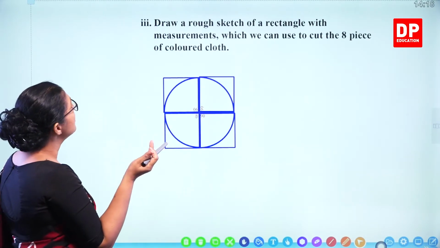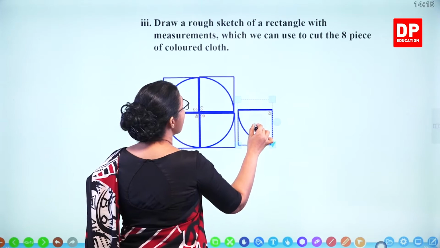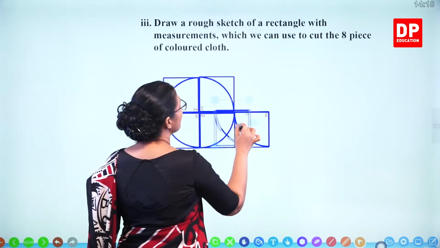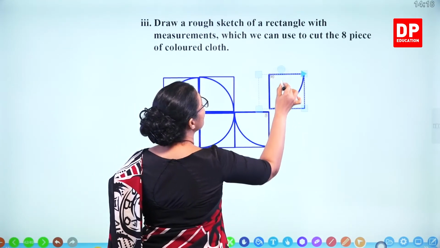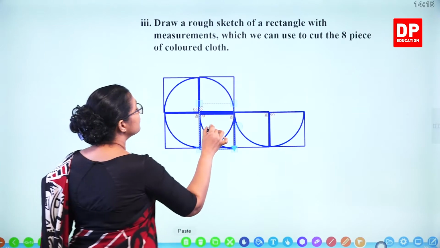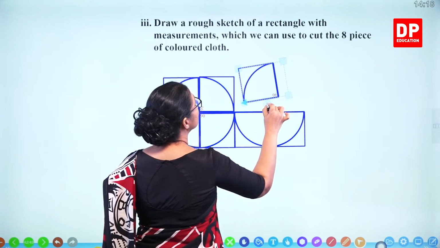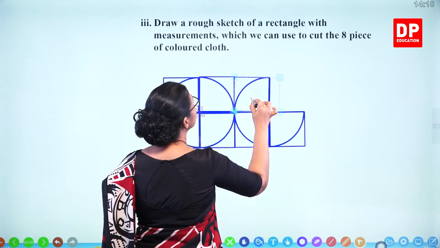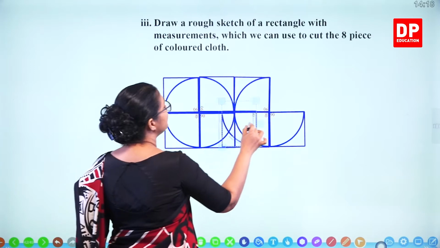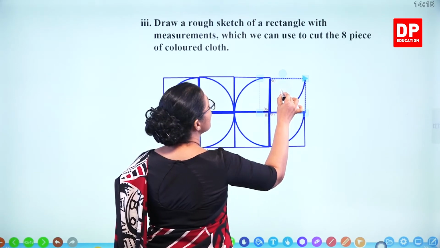Now we need another 4 parts. So we'll take another 4 parts. 1, 2, 3, and another 1 more part we need. 4.